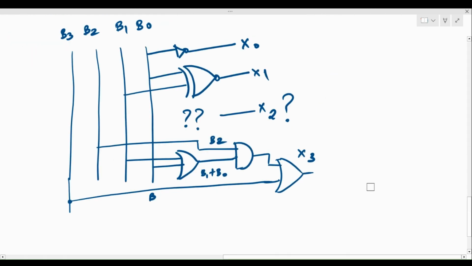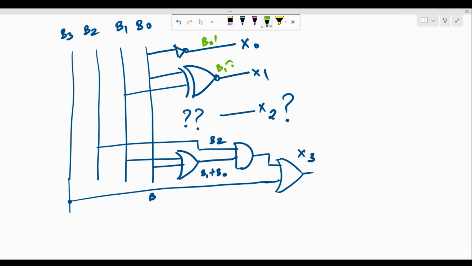So this is just a simple implementation of the expressions that we've got right now. Here we have B3, B2, B1 and B0, which is the BCD input, and X0, X1, X2, X3 are the XS3 outputs. So we know that B0 dash was X0, so I've just included the NOT gate to obtain B0 dash right over here. This is actually the XNOR gate. So B1 XNOR of B0 is X1.